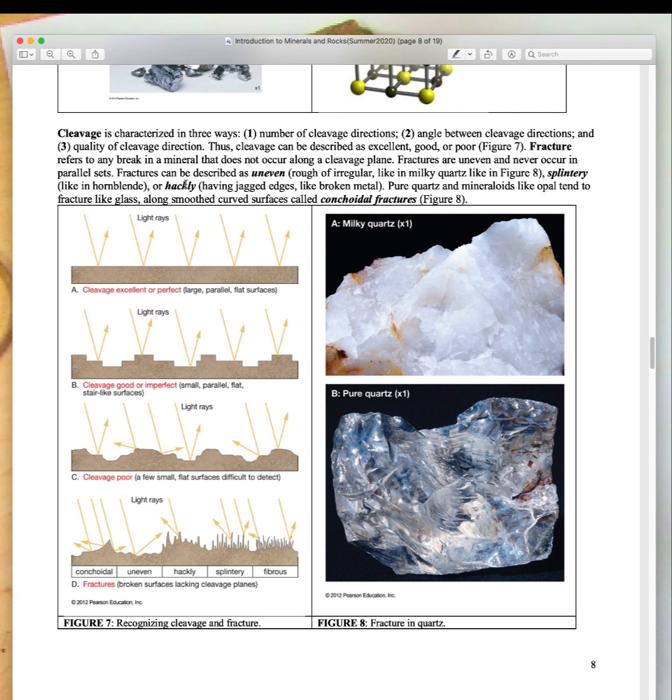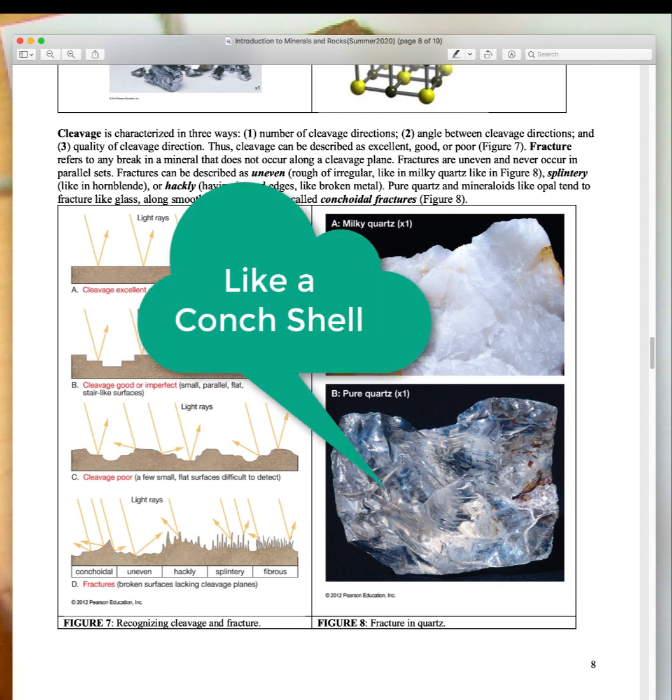Pyrite also has no cleavage, and pyrite usually breaks in these hackled regions, called hackly fracture. There could also be splintery and fibrous. But the other one, conchoidal fracture, is common to the clear crystals of quartz. That's kind of how glass breaks, in this curvy fracture.